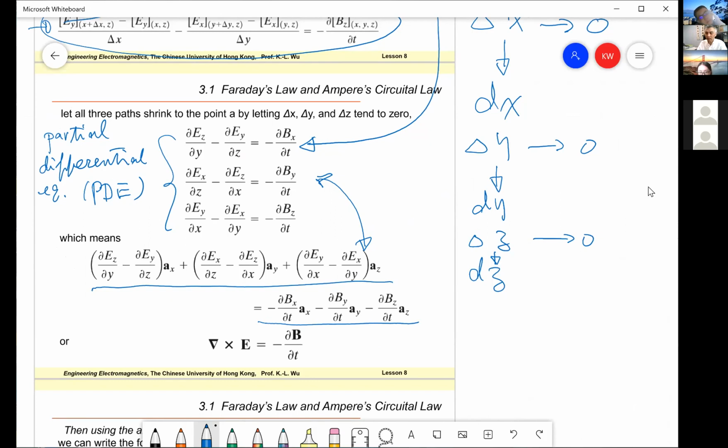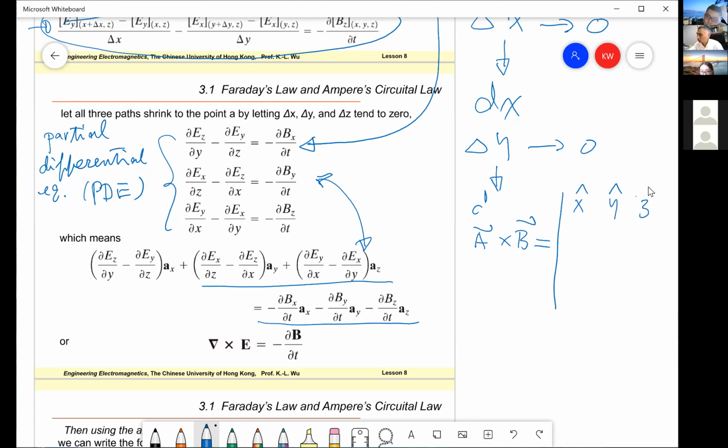When we have A cross B, we can write the vector A cross B in a determinant form.